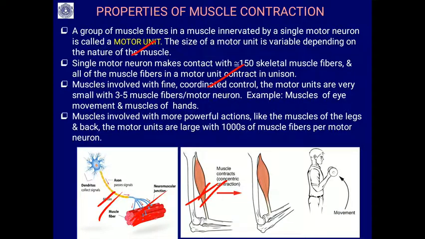These are the fine movements, where the muscles have a lesser number of muscle fibers, the motor unit having fewer muscle fibers, whereas the muscles for heavy work, like powerful actions, for example your arm muscles, or your leg muscles or the back muscles, may contain thousands of muscle fibers per motor unit to perform a powerful action.